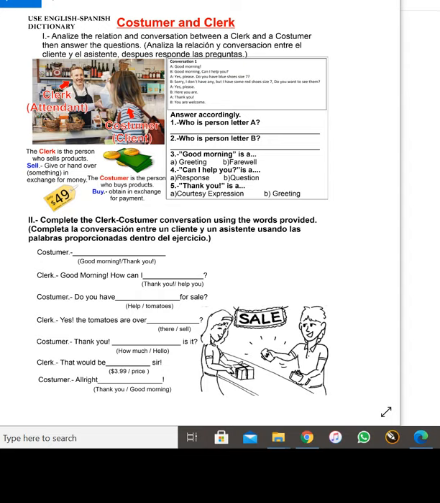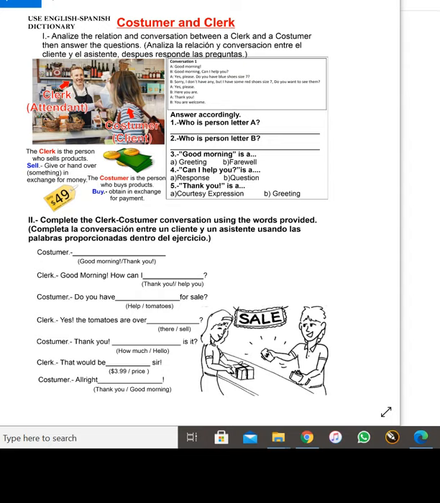Okay, let's keep analyzing the conversation. Yes, please. Do you have blue shoes size 7? Obviously, that's the customer, and he's asking for a specific kind of product. That product would be blue shoes, in size 7.